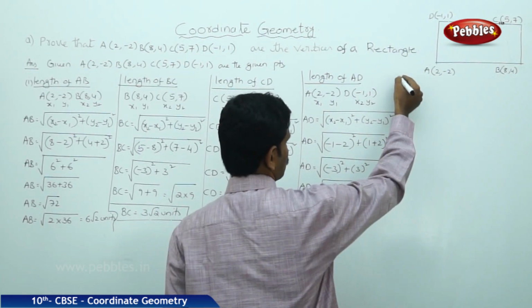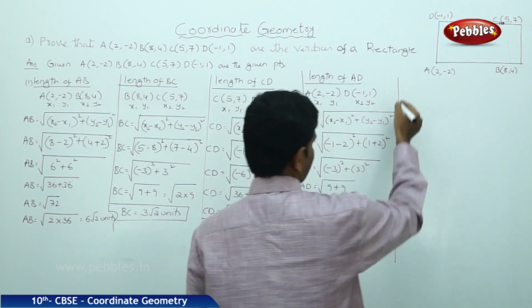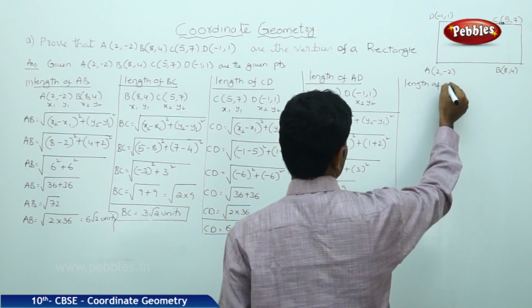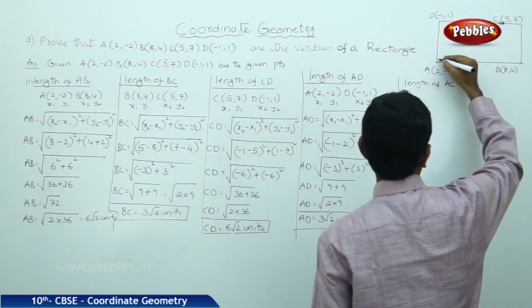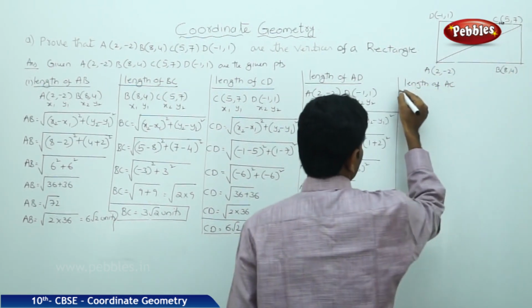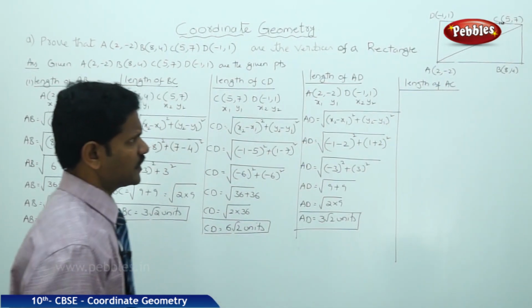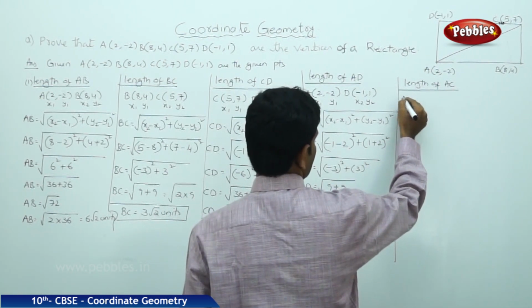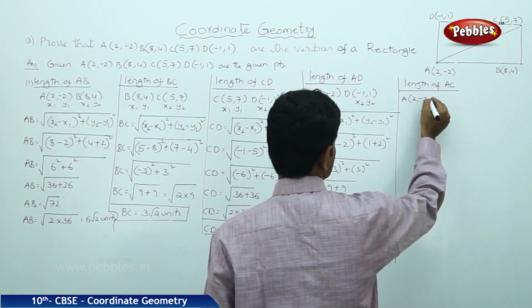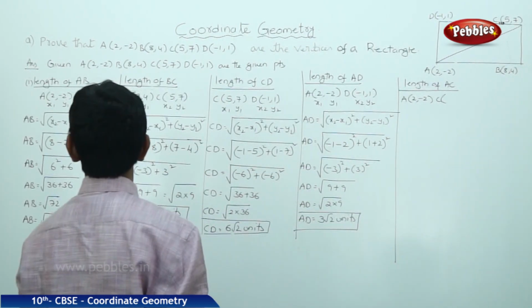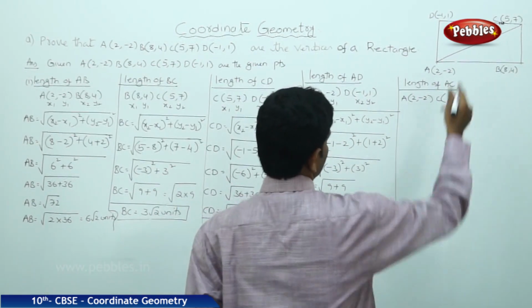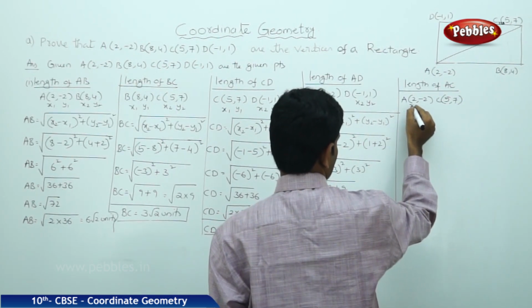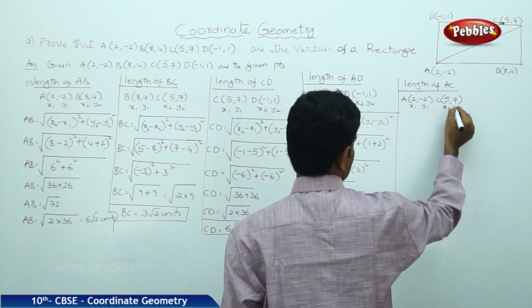Now let us find the length of AC. Length of AC, that is A of 2 comma minus 2, C of 5 comma 7, that is x1 y1, x2 y2.